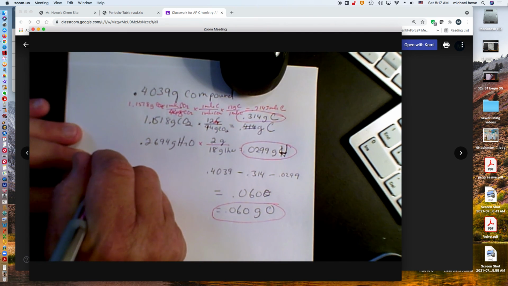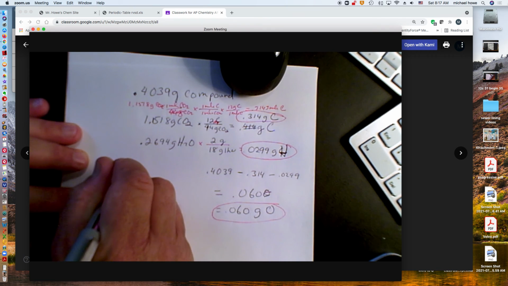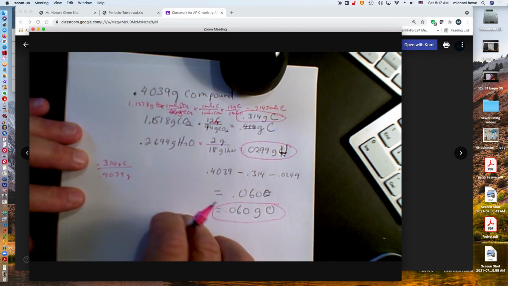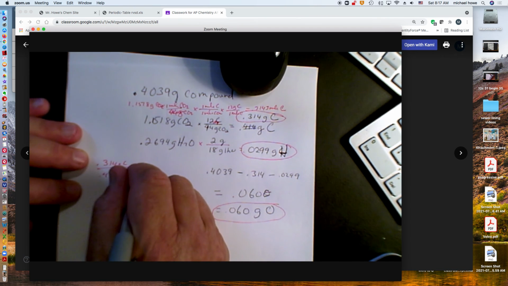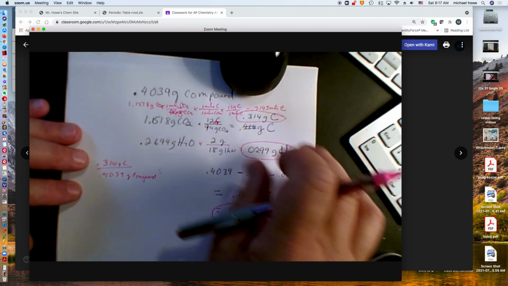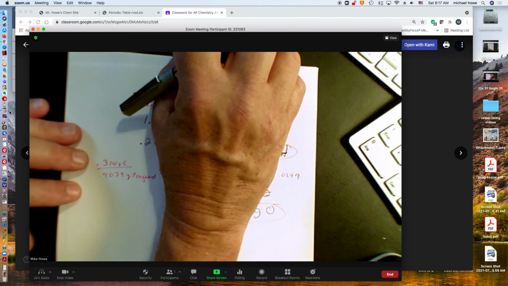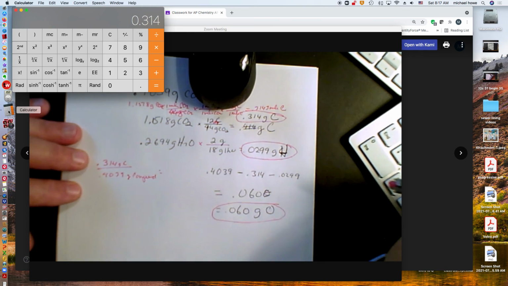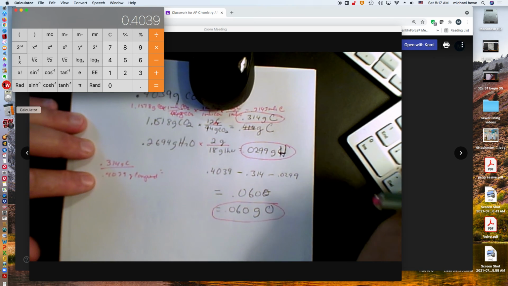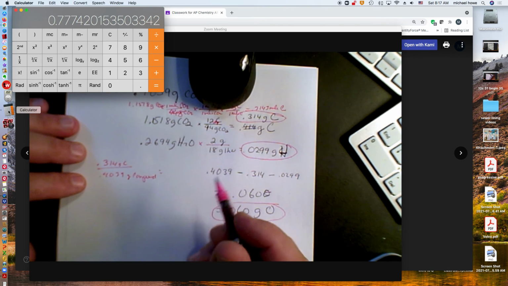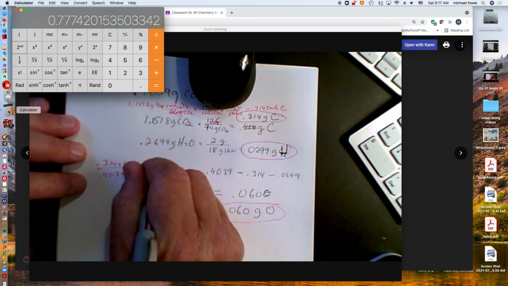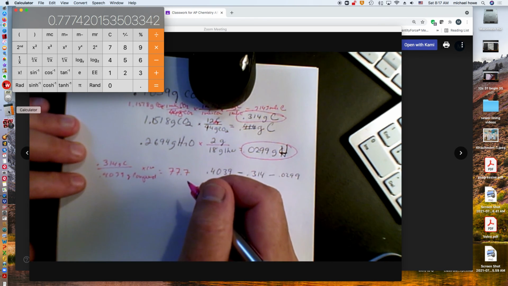So 0.314 grams of carbon divided by 0.4039 grams of compound, and you get 77.7%. I multiplied by 100 in there to get percentages. So 77.7%.